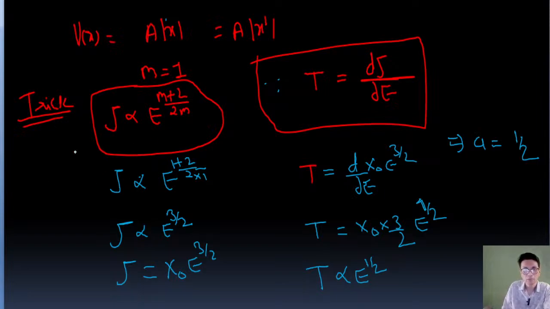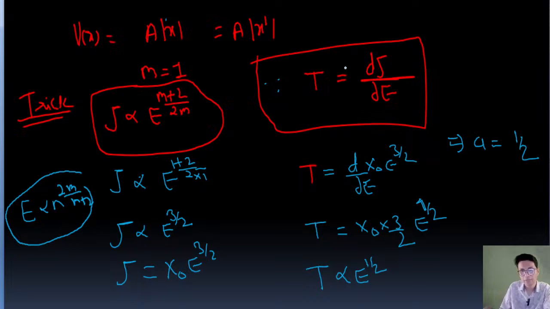I have already told you the trick for this. E is proportional to n to the power 2m upon m plus 2, in case of a simple harmonic oscillator, and if V is in the form of x to the power something. Similarly, there is a trick that J is proportional to E to the power (m plus 2) upon 2m.